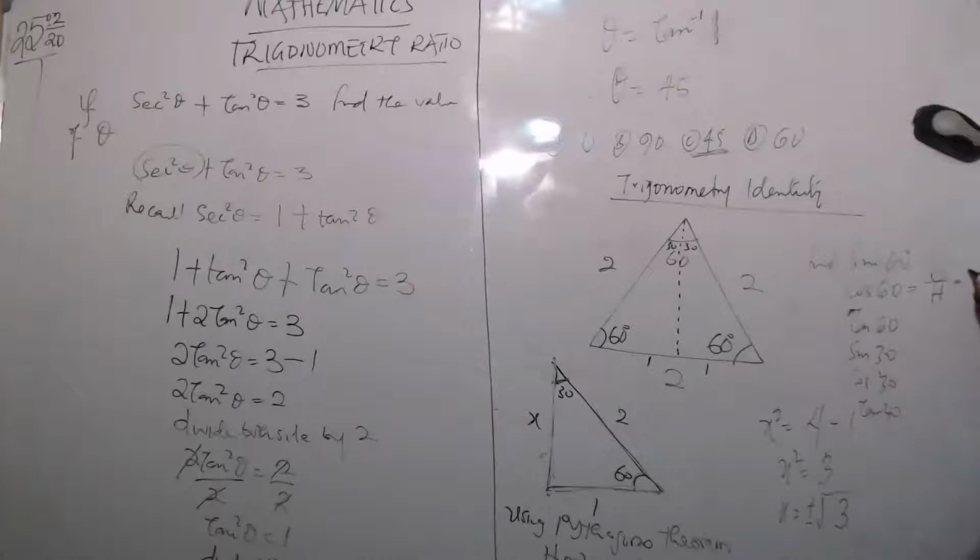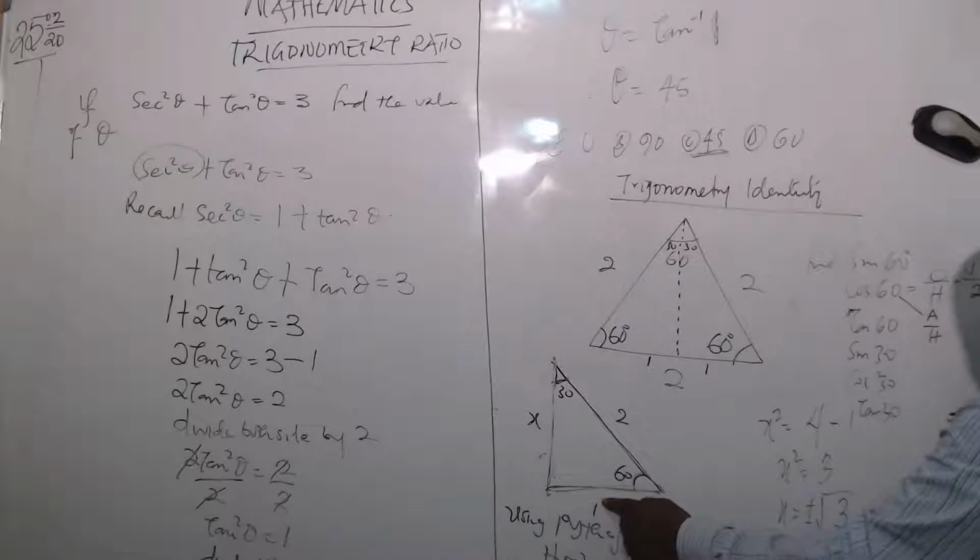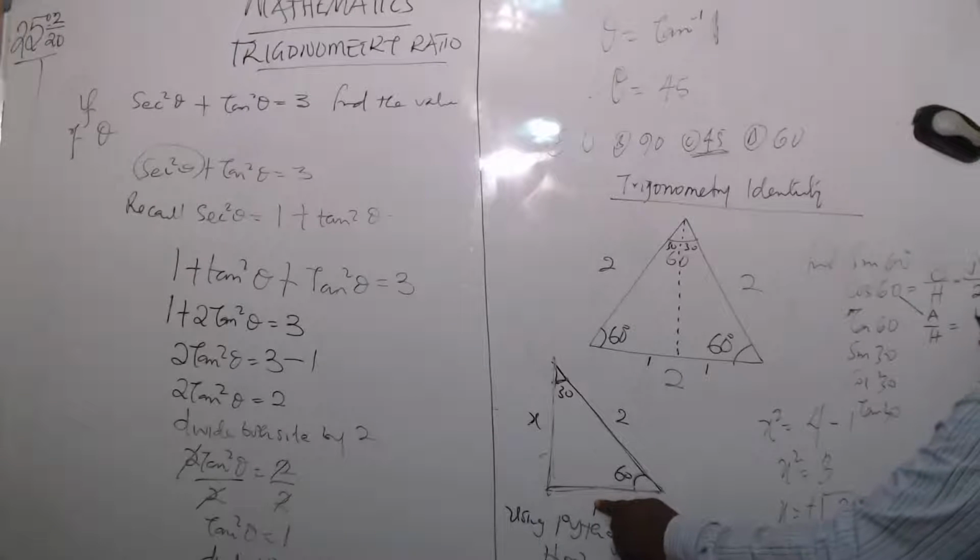So our opposite is root 3 over our hypotenuse, which is 2. Then for cos 60, we have adjacent over hypotenuse. If here is opposite, here will be adjacent. And here adjacent is 1, hypotenuse is 2.